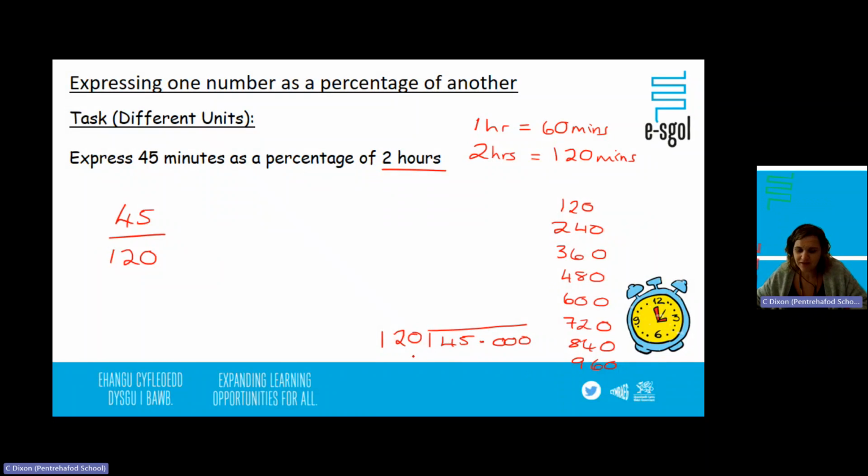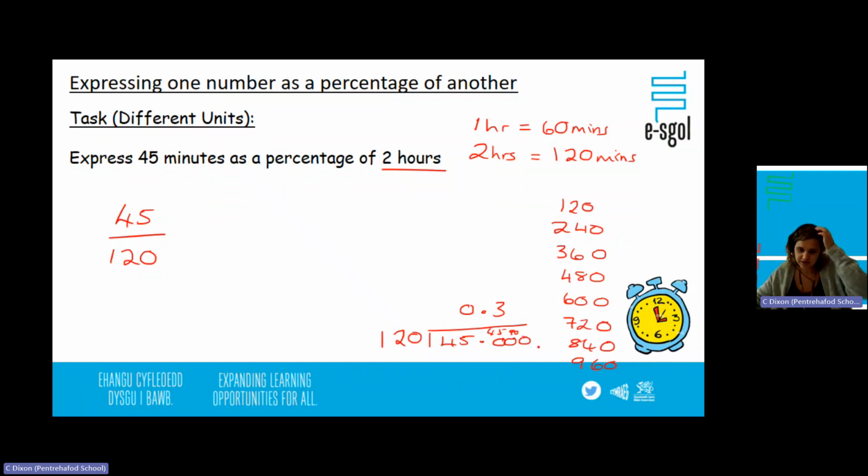Sorry. So 120 does not go into 45. So I know already I'm going to have to carry the 45 over. So that makes the first value 450. So I can get to 480, but that's too big. So it's only the 3 above I can use. And from 360 to 450, there's a 90 remainder. Squashing this in now. I should have spread my zeros out a little bit more.